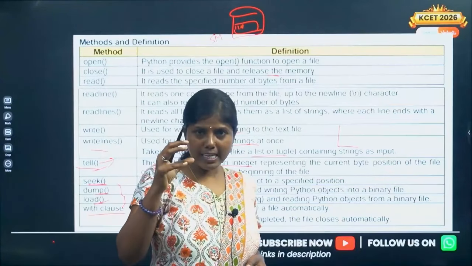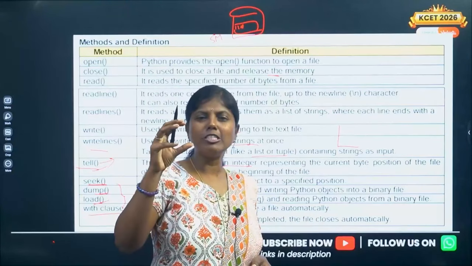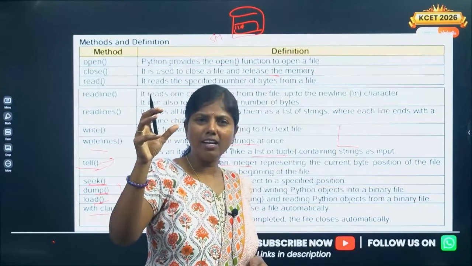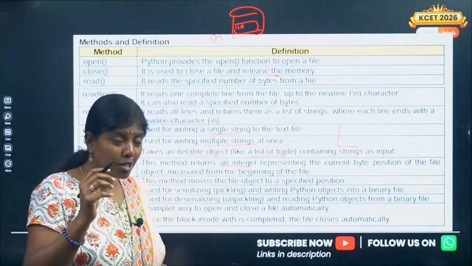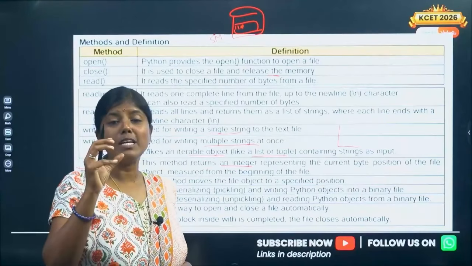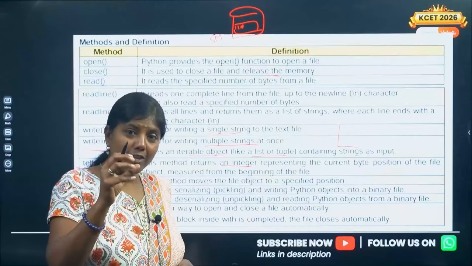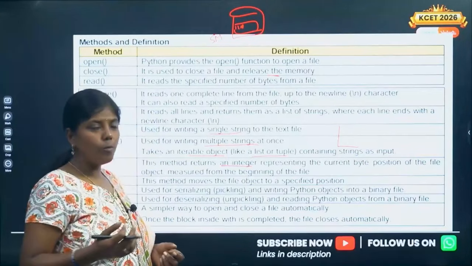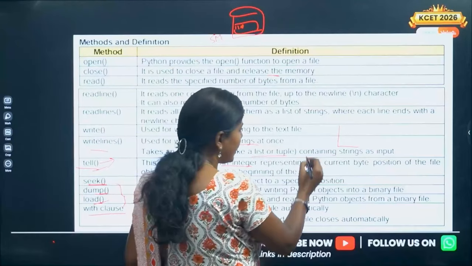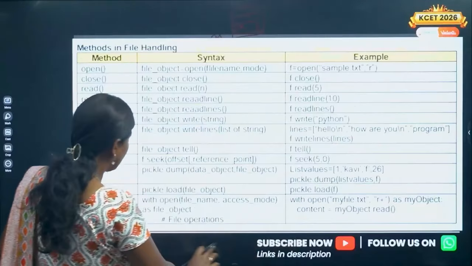Okay, we'll go further with the with open clause. The open function opens a file, and if the file is not there, it creates a new one. The with open clause is one wherein the file gets automatically closed when it comes out of the block. It's in the previous slide, you can check it.